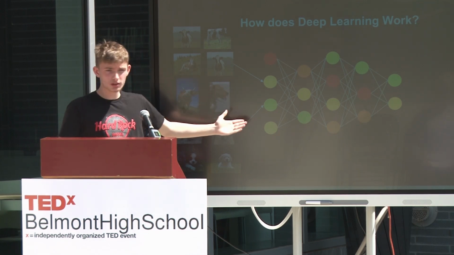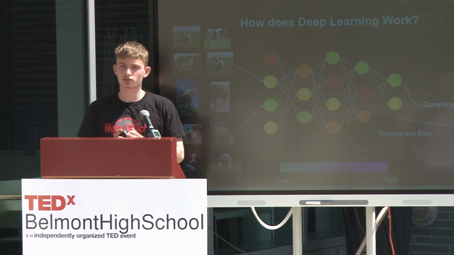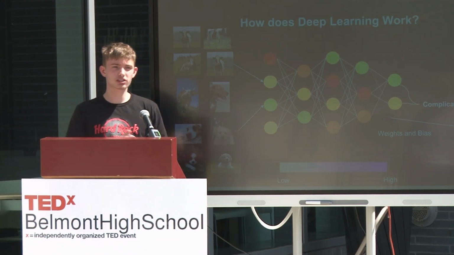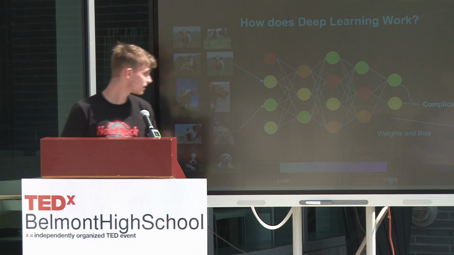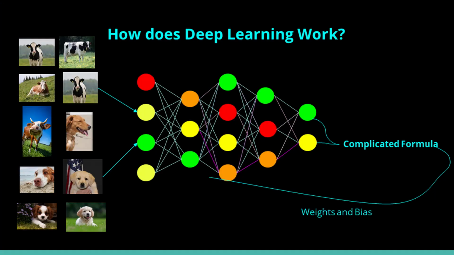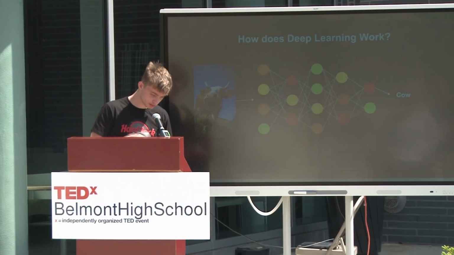And if it guesses wrong, we then say, you've guessed wrong, go back through, and we basically use really complicated math I don't understand to find what is the best change we can make. So we basically go back through, we change the weights and biases, which was the function, and then now we see it works. It sees a cow, it says a cow.